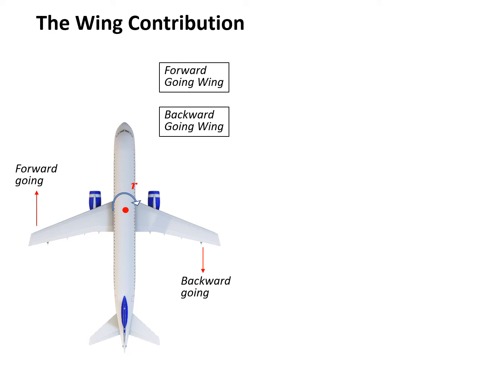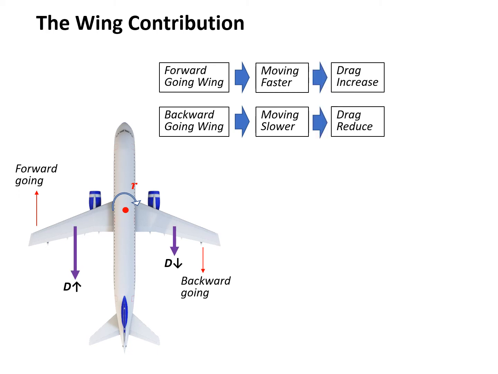The forward going wing will move faster, and the backward going wing will move slightly slower. Because of the difference in speed, the faster moving wing will produce a larger drag in comparison to the slower moving wing.